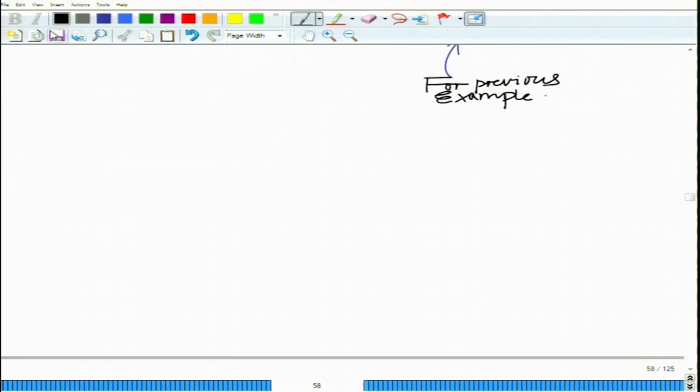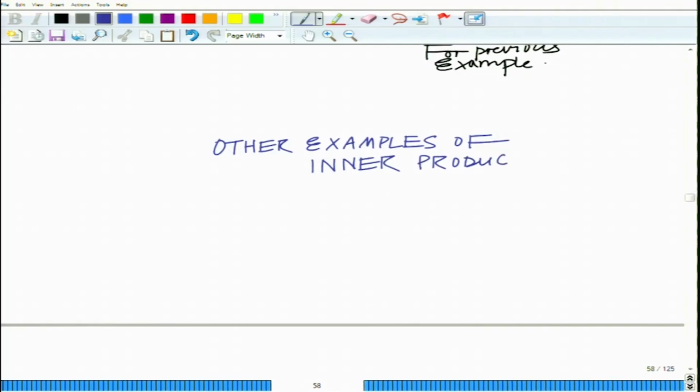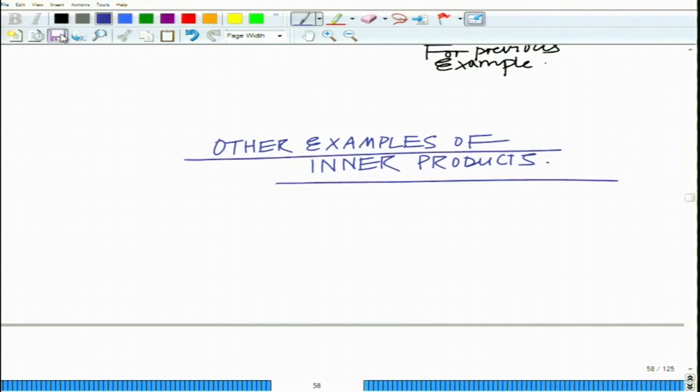Let us look at other examples of inner products. We have already seen u bar transpose v bar, that is the standard inner product on Rn; this we have already seen.